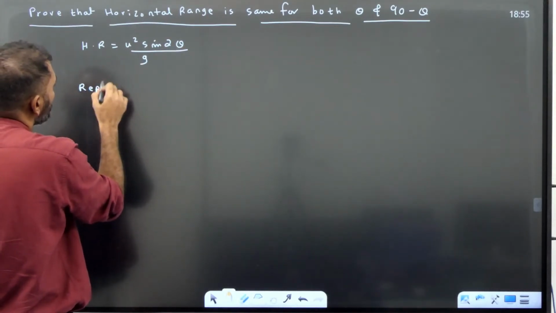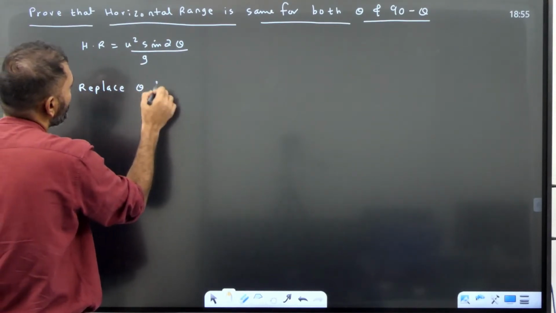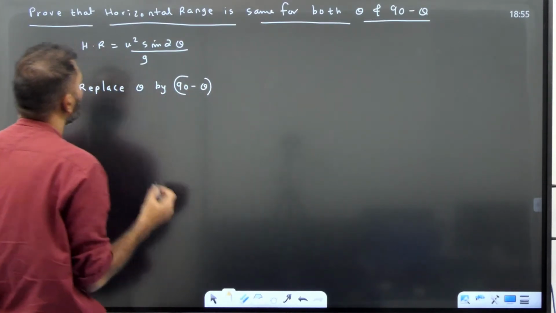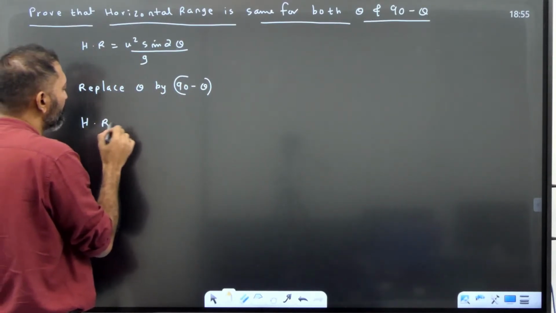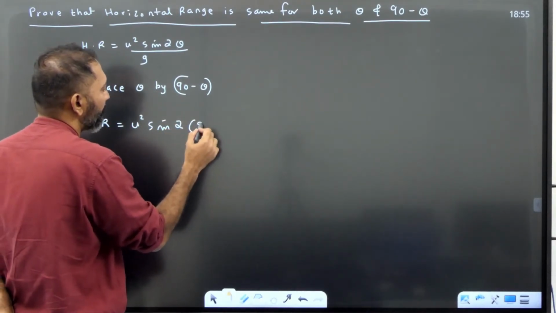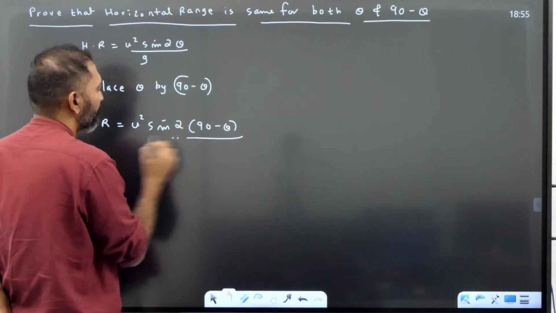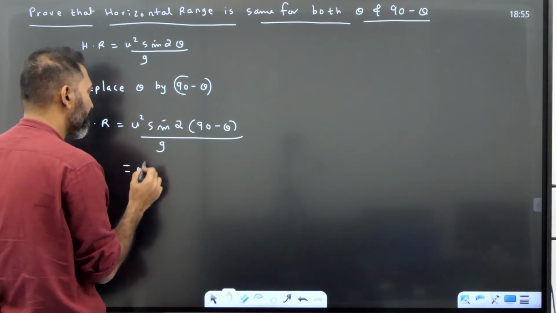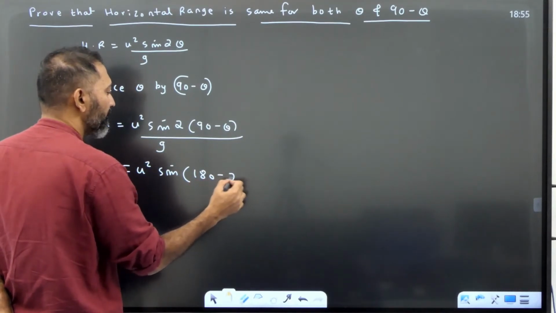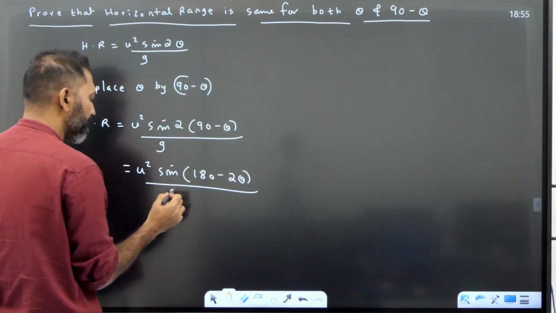Replace theta by 90 minus theta. So horizontal range becomes what? U square sine 2 into, instead of theta I am writing 90 minus theta, by g. So that is equal to u square sine 180 minus 2 theta by g.